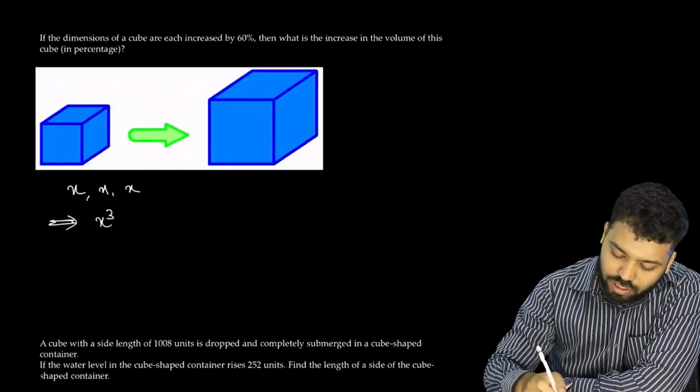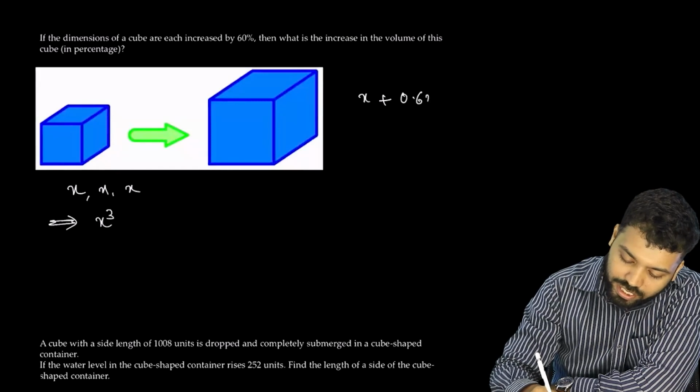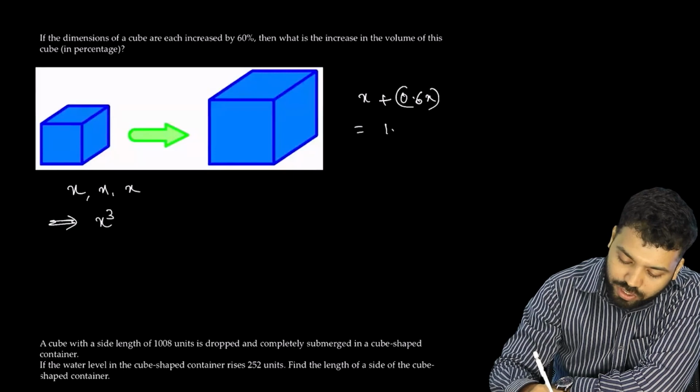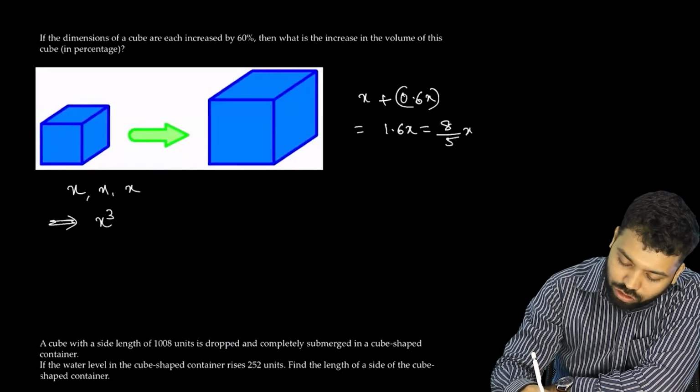Originally it was x. For that, I am adding another 60%, which is 0.6 times x, so this is nothing but 1.6x, or as I said, 8 by 5x.